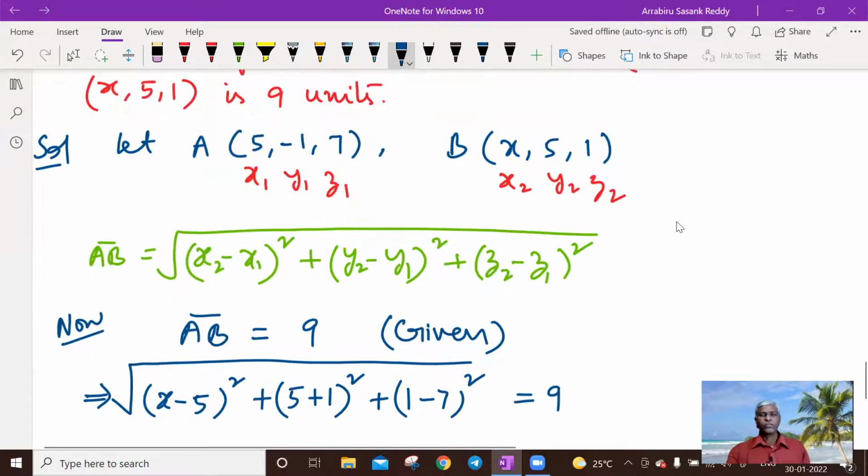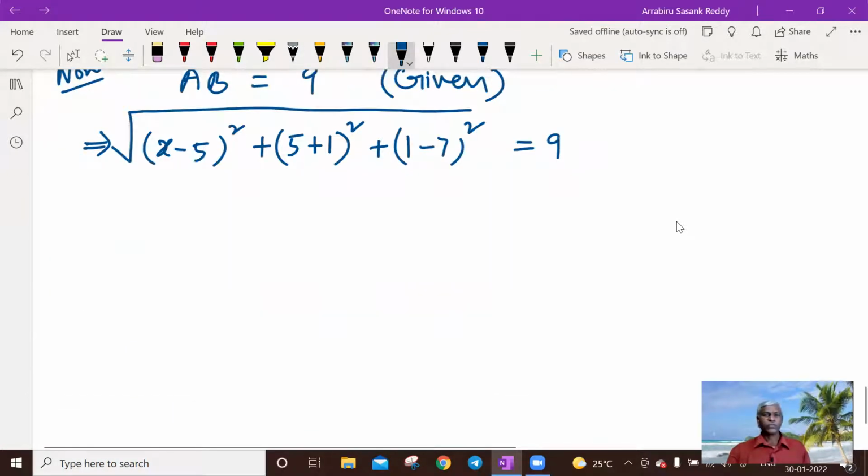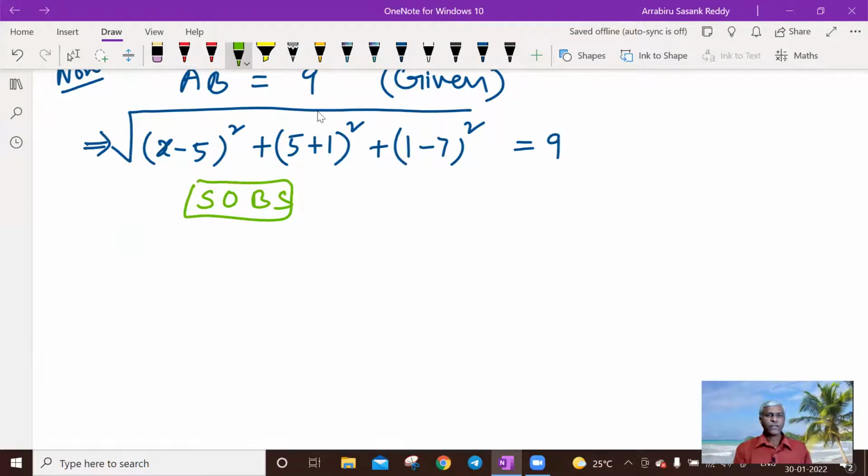Now squaring both sides, the root will go away. You can remove the root.